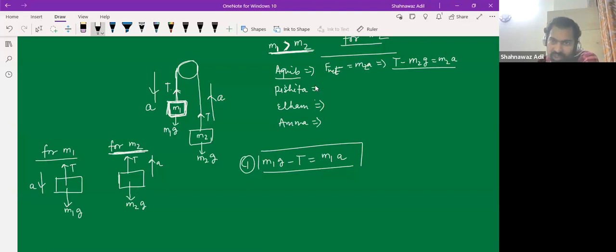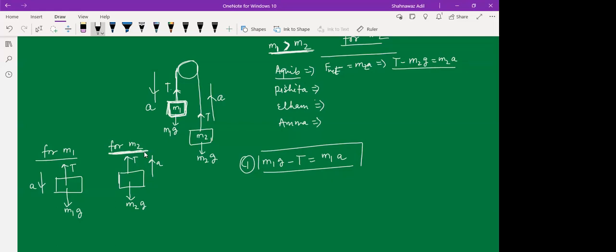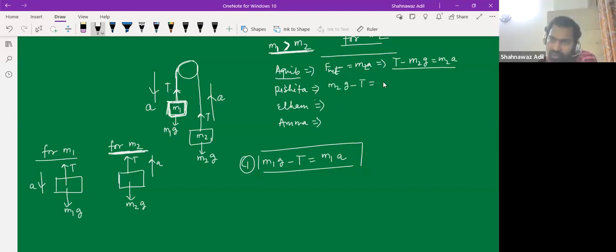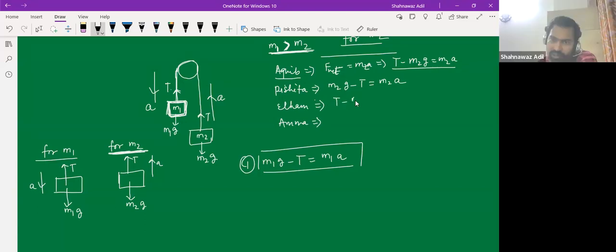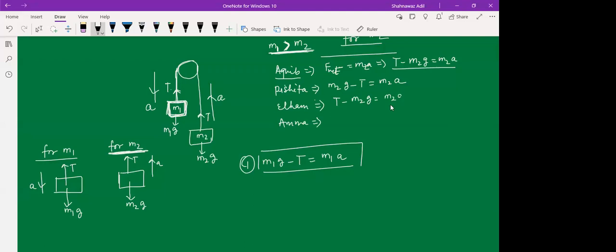Okay, now what would be the equation of motion, Rishita, for this m2? m2g minus T equals m2a. So now we have a disagreement, right? Okay. Alam, what about your answer? Sir, T minus m2g equal to m2a, because of the acceleration.